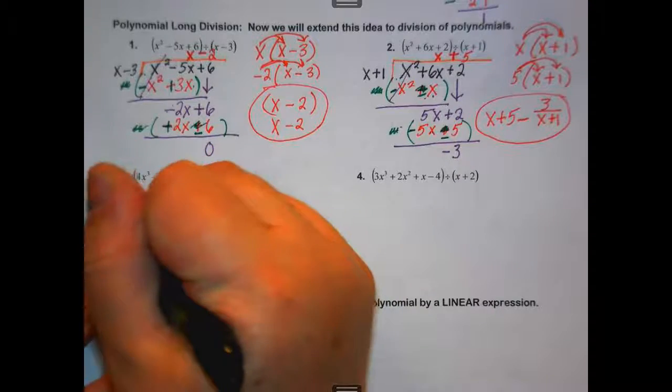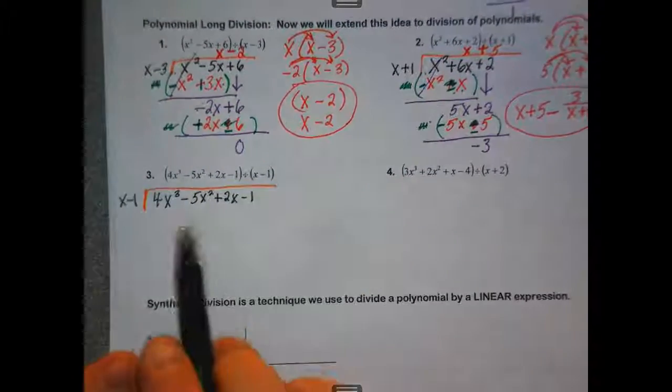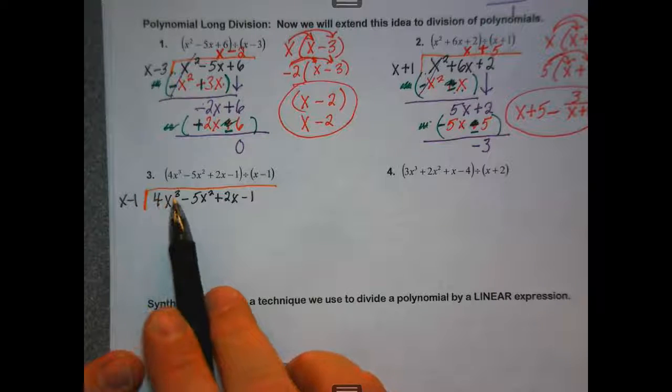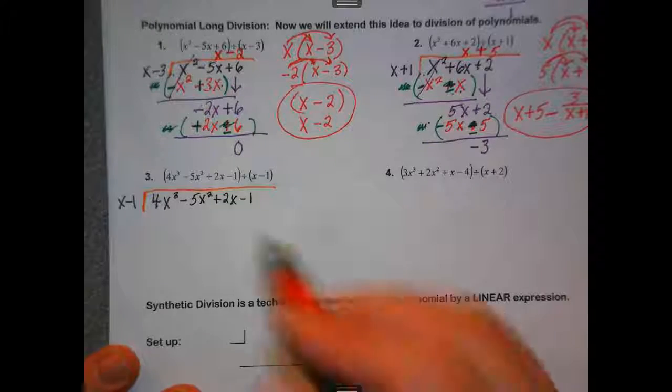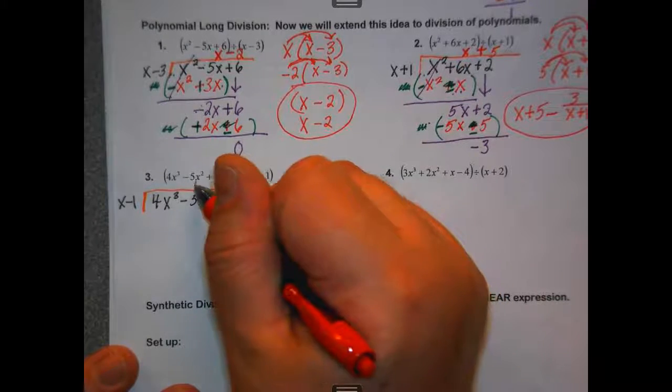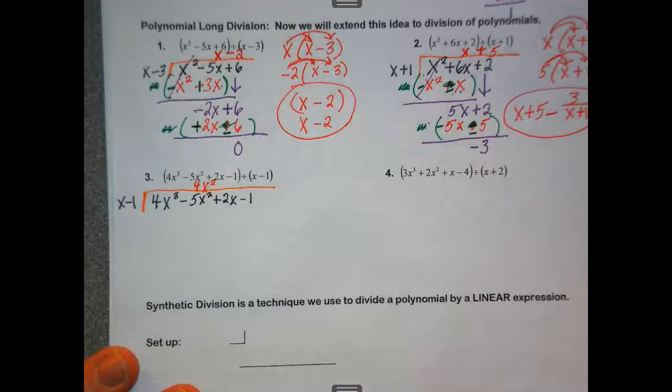Okay, I got to divide it by x minus 1. How do I get x to be 4x cubed? 4x squared. Notice how I lined it up here.